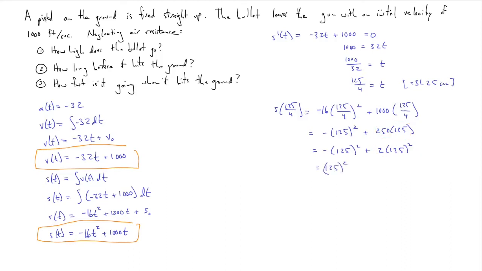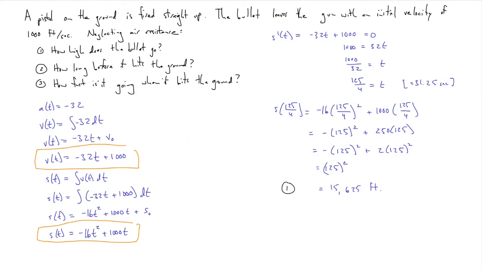And 2 times 125 squared minus 125 squared is just 125 squared. There's no way around it now. I have to do some arithmetic, and I find out that the bullet reaches a height of 15,625 feet. Since there are 5,280 feet in a mile, this is just under 3 miles.